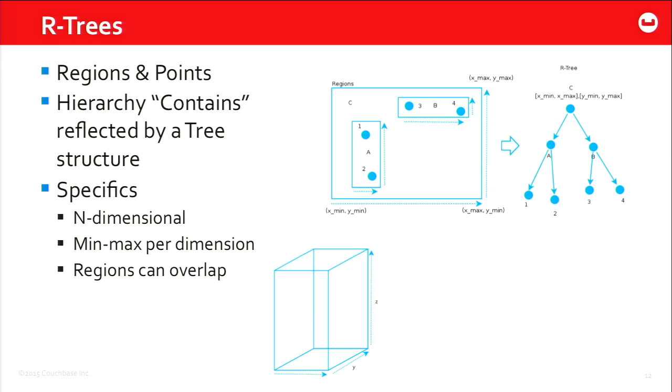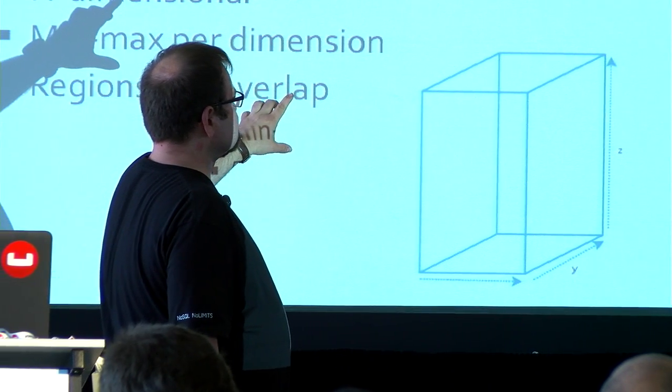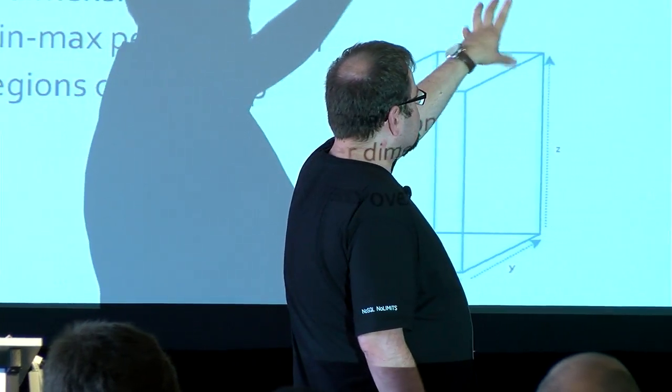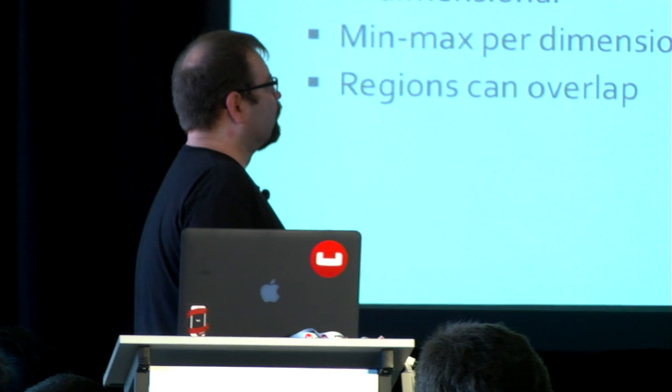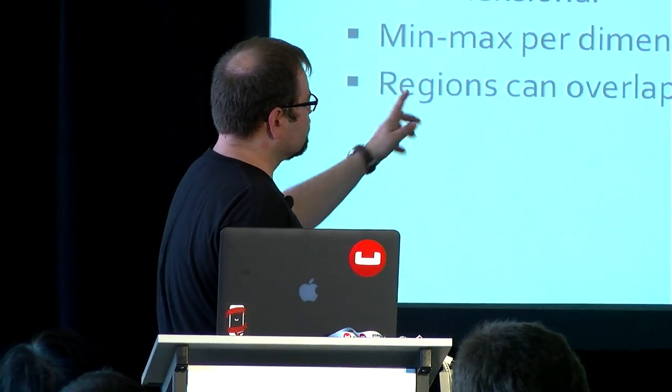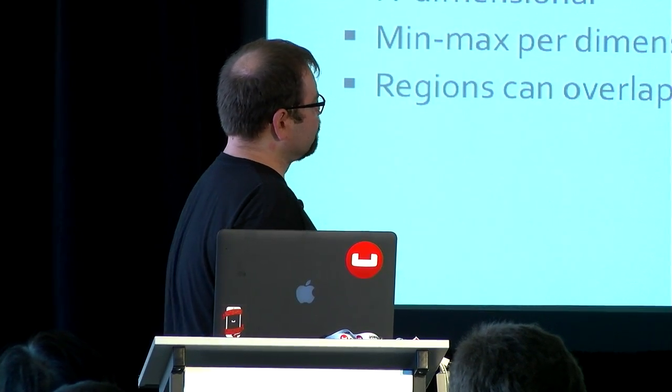In this case, we have one region, called C, and this region C contains subregions A and B. Those regions then contain the points: A contains 1, 2, and B contains 3, 4.